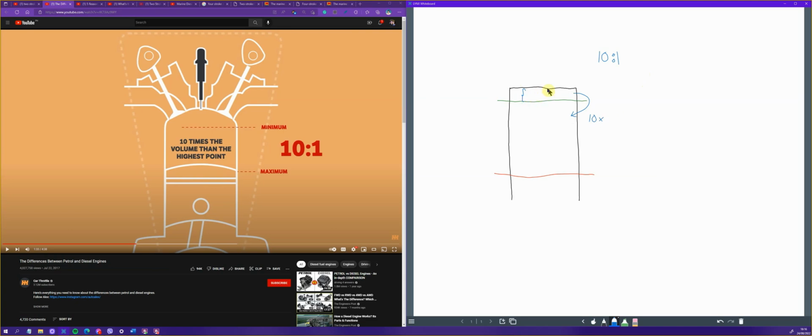Itong chamber dito sa ibabaw, itong may kulay blue. Pag sinabi mong 10:1 yan, so ito yung minimum, then going to the maximum. Itong buong volume na to, this will be the 10 times of this particular volume here. So, yung maximum mo, nandito yung piston mo. Drawing tayo piston.